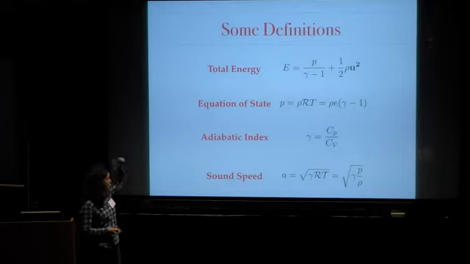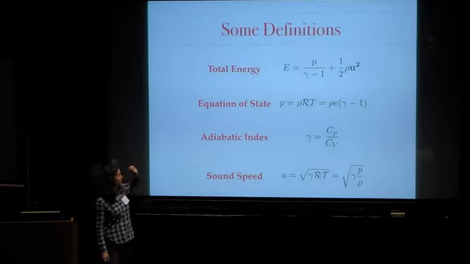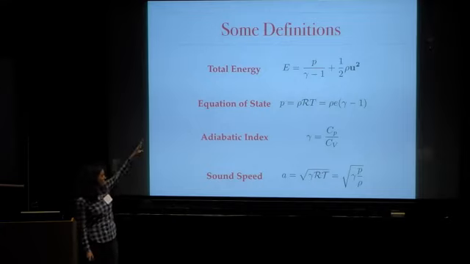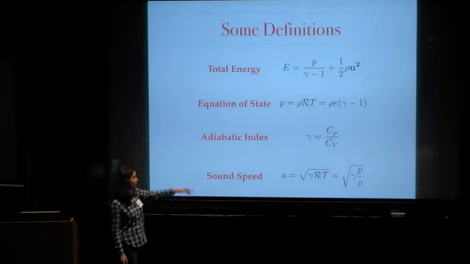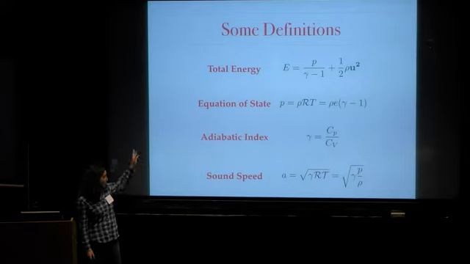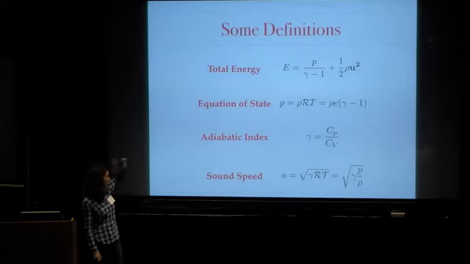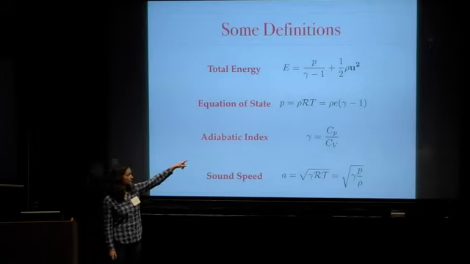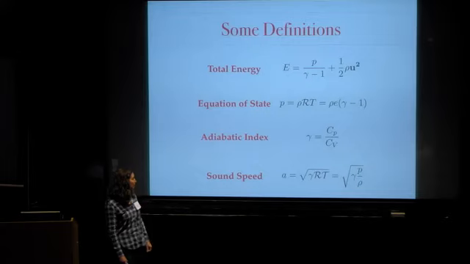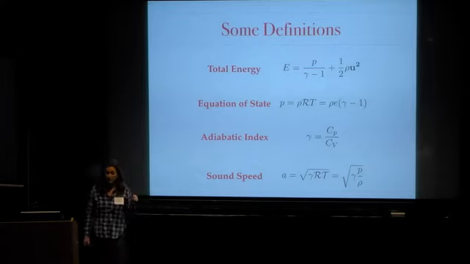So we've got total energy, which is defined as the sum of the internal energy term and the kinetic energy, 1/2 rho u squared. The equation of state, which closes our system of equations, right? Here you can describe that as either rho RT or in terms of the internal energy, rho E (gamma minus 1), where gamma is the adiabatic index, the ratio of specific heats.